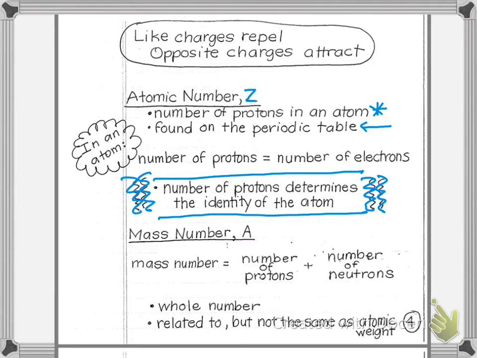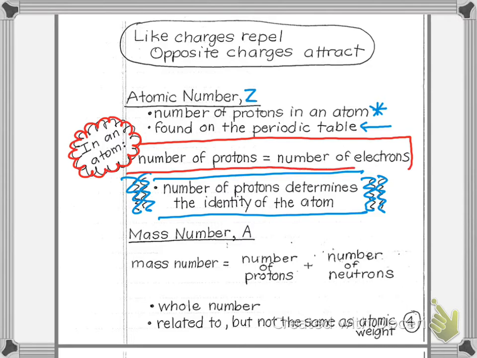Now, if we have an atom, then another thing we can know, if we know its atomic number, is the number of electrons. So look right here. For any atom, the number of protons equals the number of electrons. So for example, if an atom has 6 protons, I could tell you that it also would have 6 electrons.